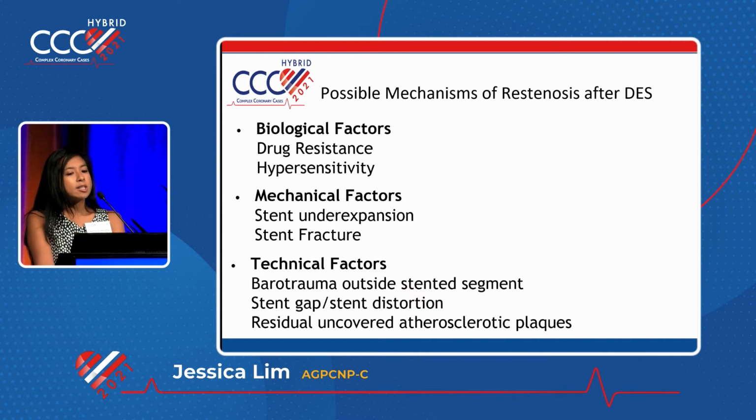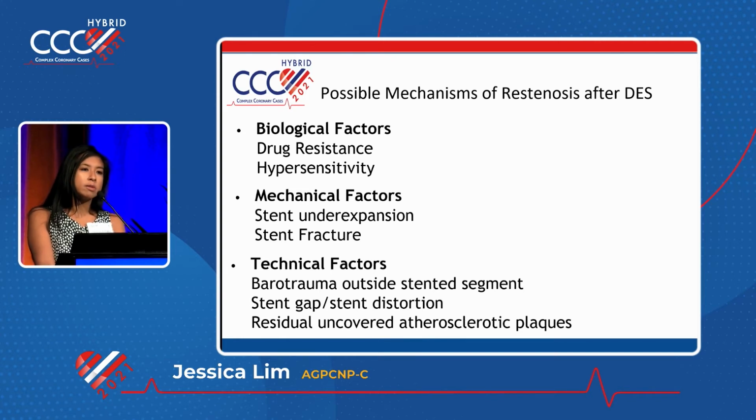Some possible mechanisms of restenosis after DES, there could be some drug resistance. After the procedure, our patients are on aspirin and either Effient, Plavix, Brilinta. And if they come in for ISR again, sometimes we find out that they weren't responding to the Plavix.